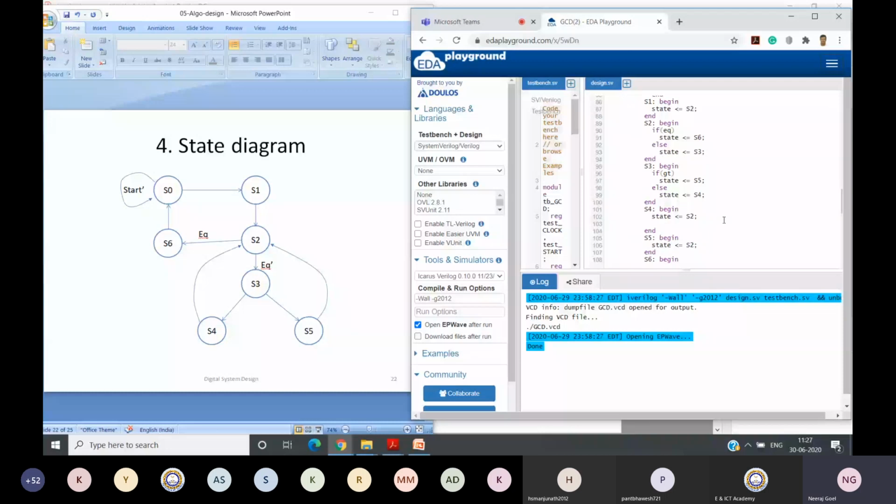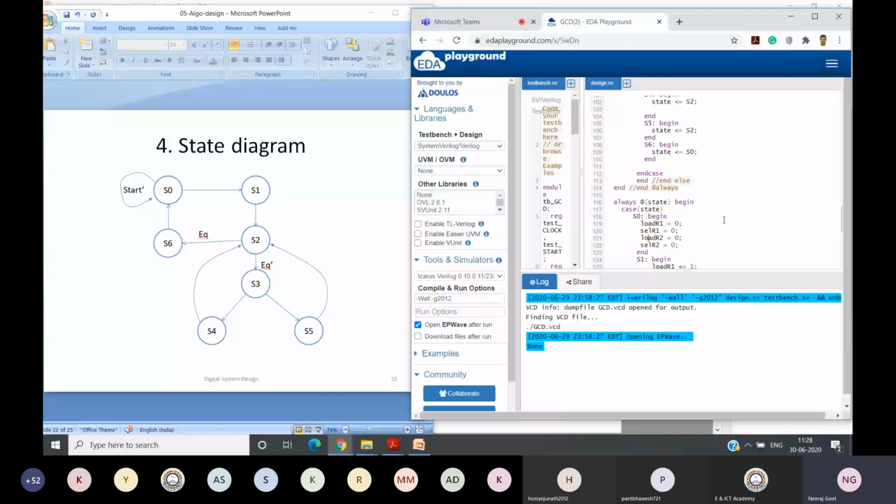These signals are generated separately because they depend on the state. As soon as the state changes, we will also generate all the signals required in each state.